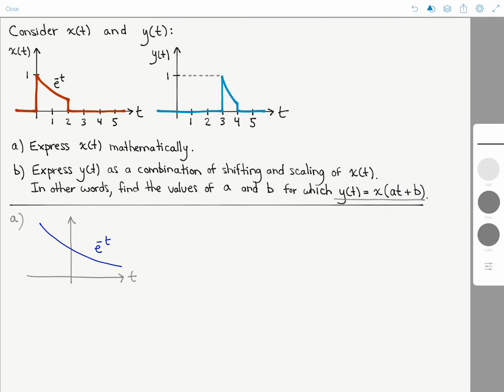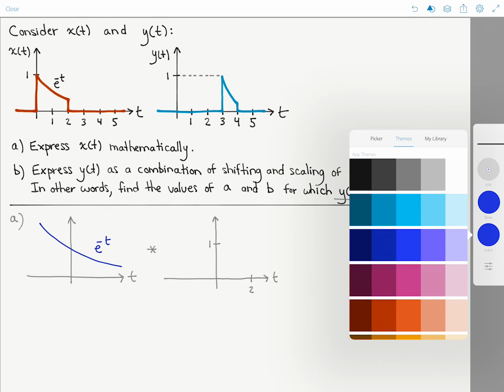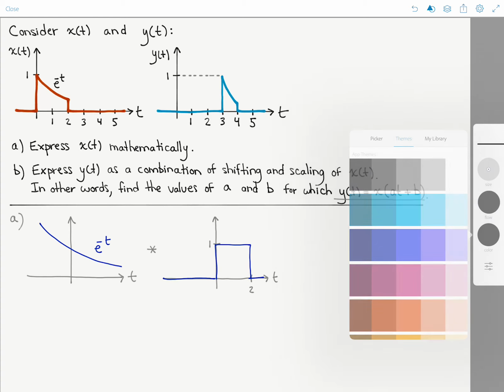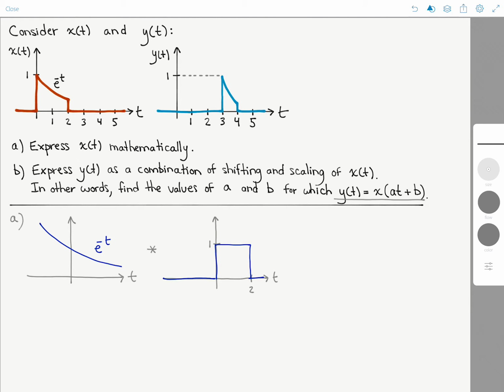So we multiply that signal by another signal that looks something like this. This is simply a rectangular pulse of amplitude 1 for values of time between 0 and 2.